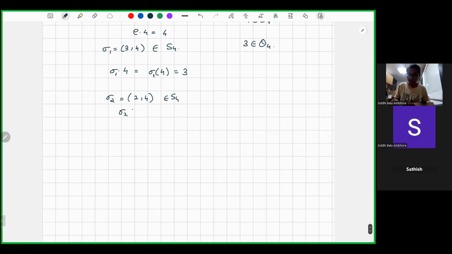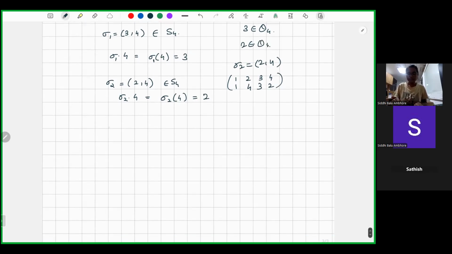So sigma 2 of 4: under this transposition, 1 is fixed, 3 is fixed, 2 goes to 4, 4 goes to 2, so sigma 2 of 4 is now 2. So my 2 belongs to this O4.